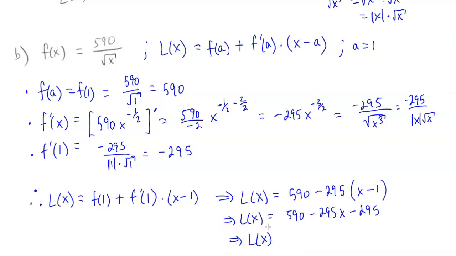And of course from here, 590 minus 295, that will of course be 295. And so this would be the linearization of this particular function.